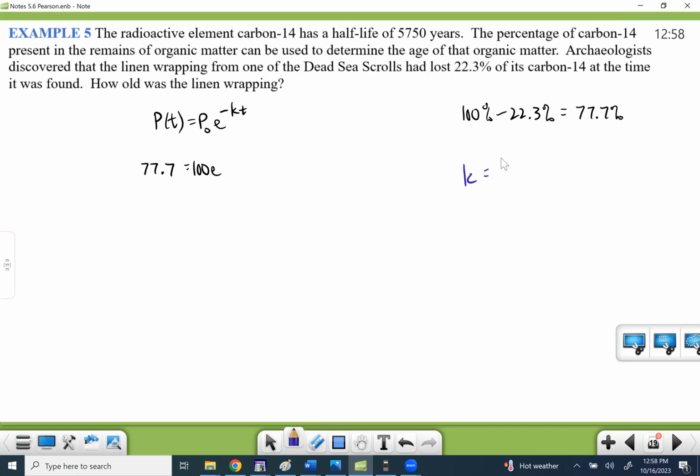Remember, K equals the natural log of 2 divided by the half-life. So natural log of 2 divided by 5,750, okay, is what we're going to put there.